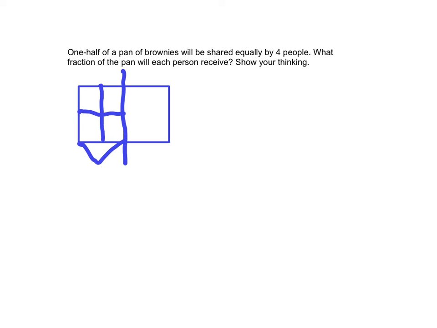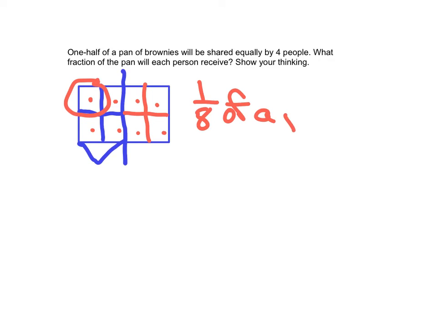But remember, I've got to show that in the whole pan to know what size my partition is. So this partition is, well, we have 1, 2, 3, 4, 5, 6, 7, 8. So again, we have eighths, and each person will get 1/8 of a pan of brownies.